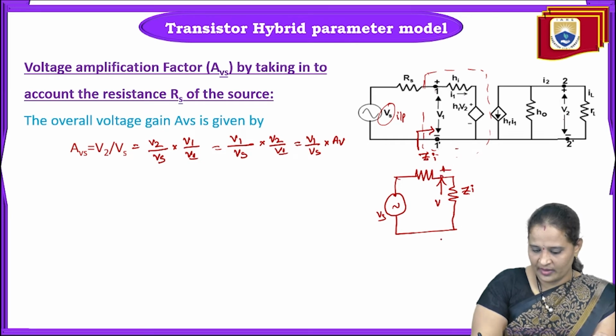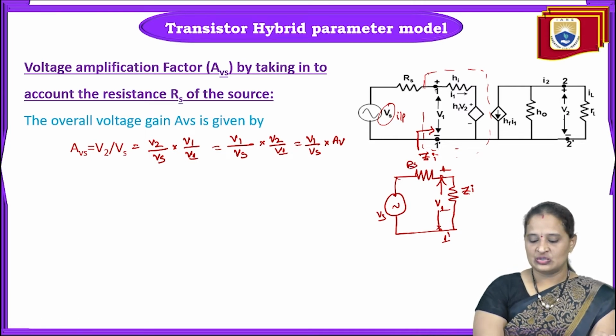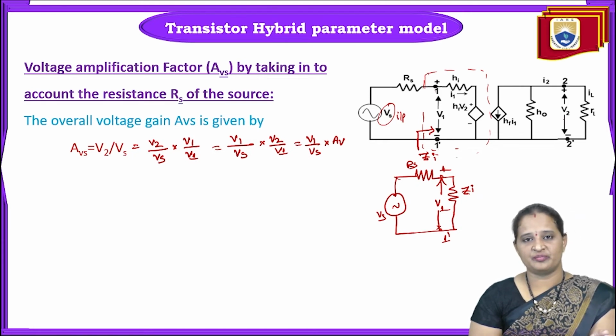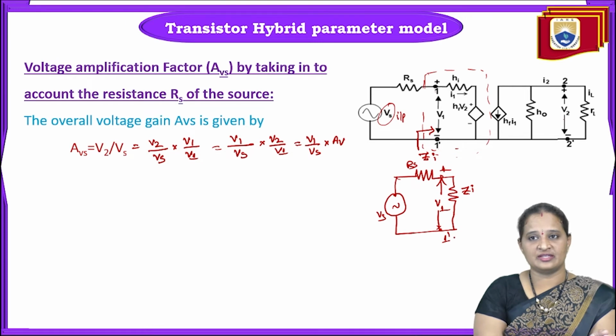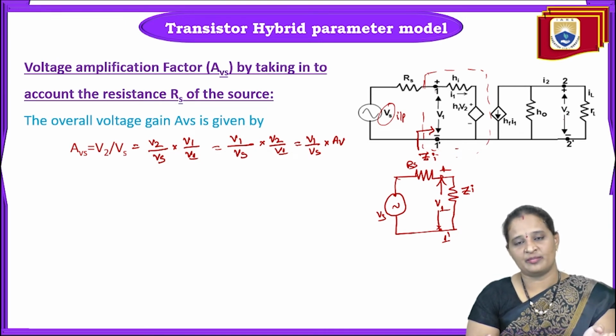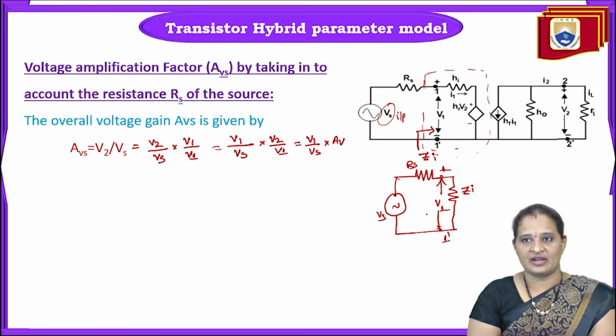This is 1 dash, and the voltage across Zi is V1. This is just like a potential divider. A potential divider circuit means these two elements are connected in series. In series, the current will be the same and the voltage will be divided. That is why this circuit is called a potential divider circuit.